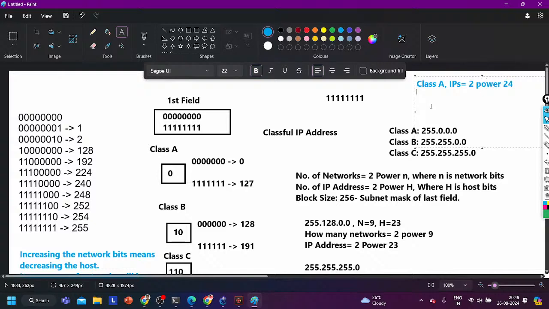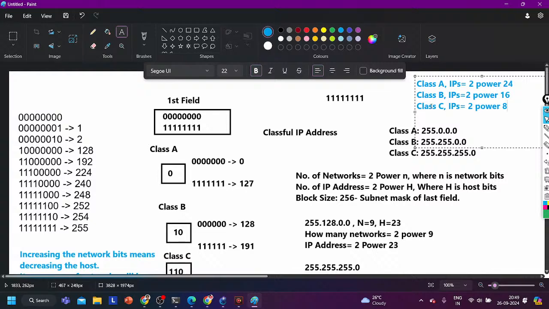How many IP addresses are there in class B? 2 to the power of 16. And how many IP addresses are there in class C? 2 power 8.